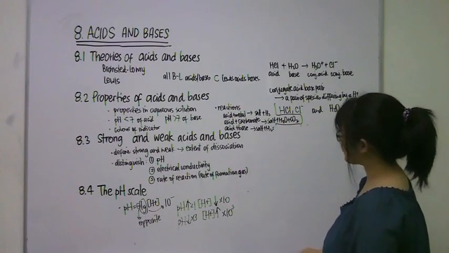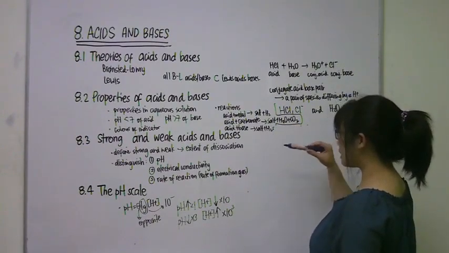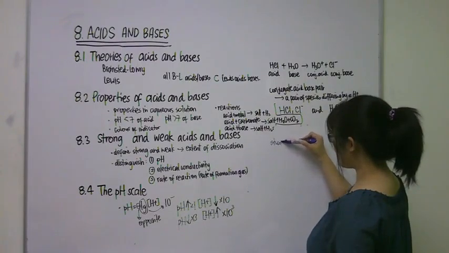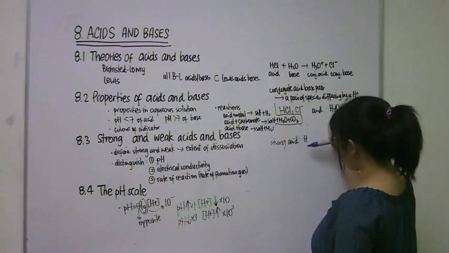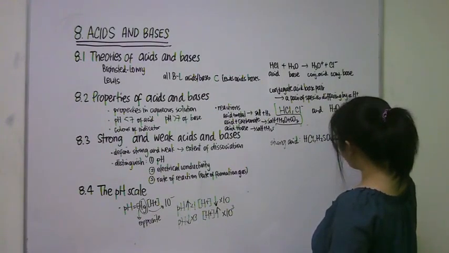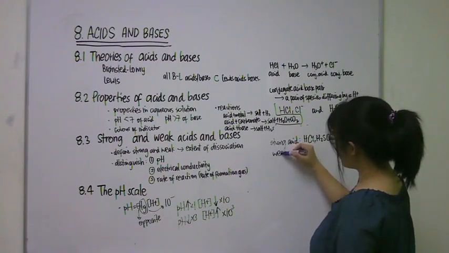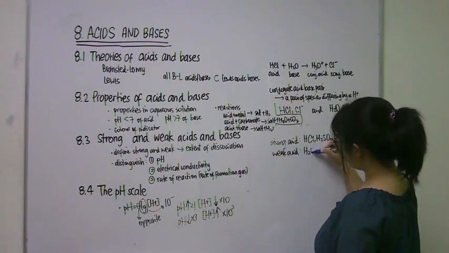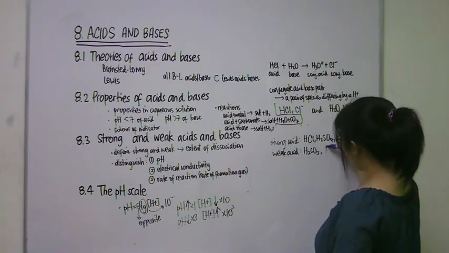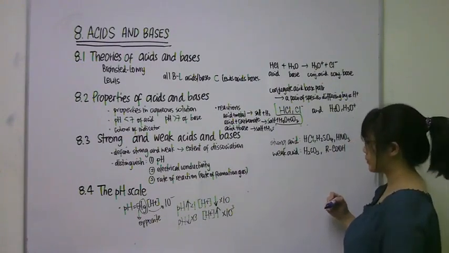So generally, for strong acids, there are 3 that they should already know: HCl, H2SO4, and HNO3. Then for weak acids, carbonic acid. Then they need to know that anything with COOH will be a weak acid.